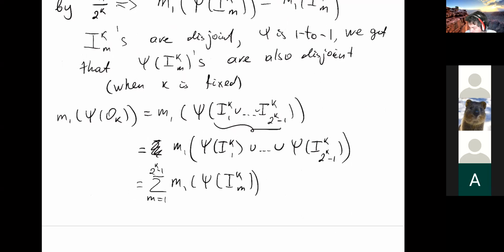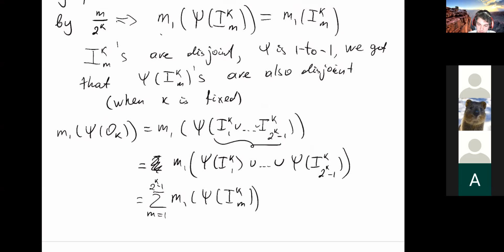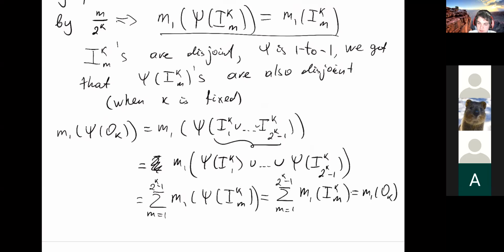And we know from here that the measure of psi is the same as if we drop the psi. So we just get the sum without psi. And this is the measure of O_k. So this is what I rushed through last time, that the measure of psi of O_k is the same as the measure of O_k.